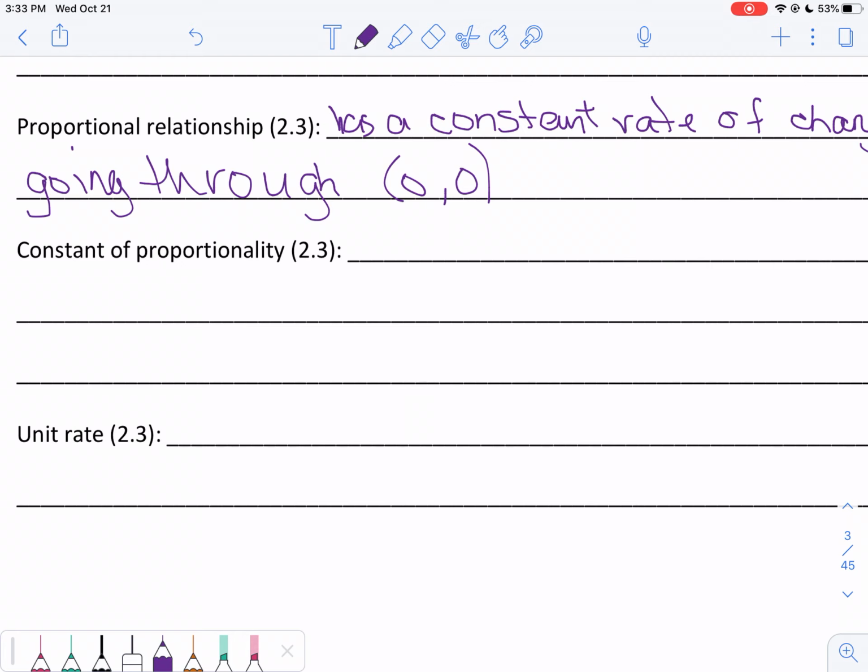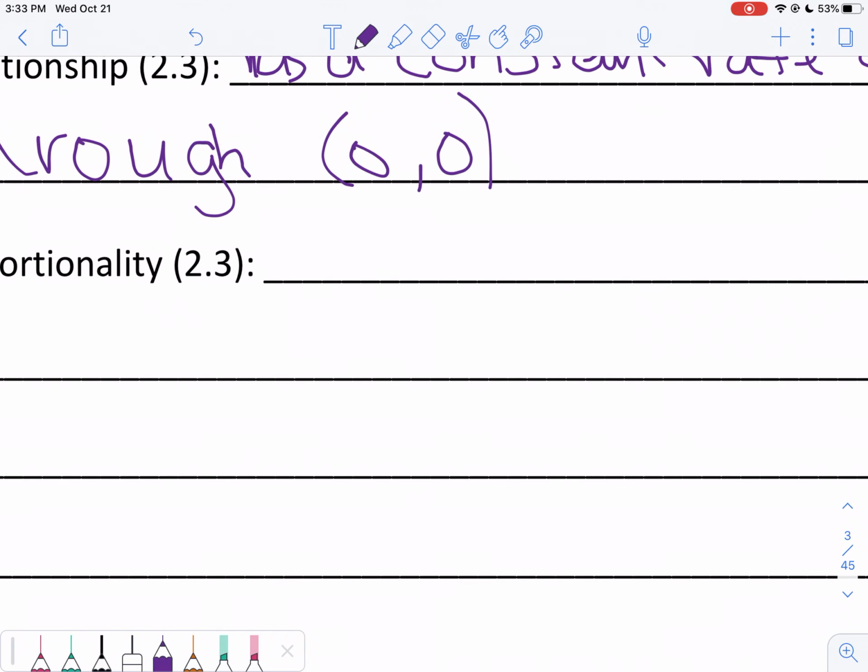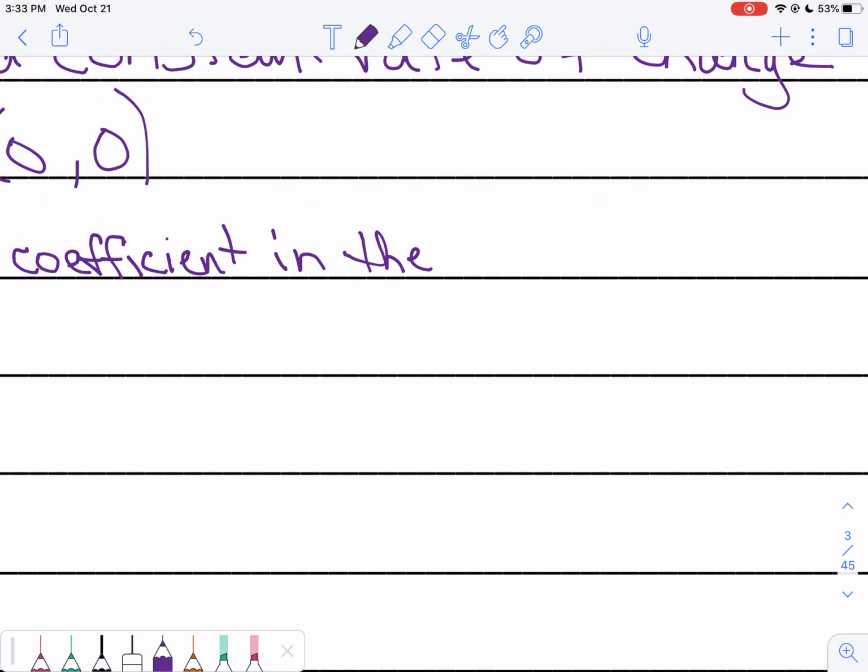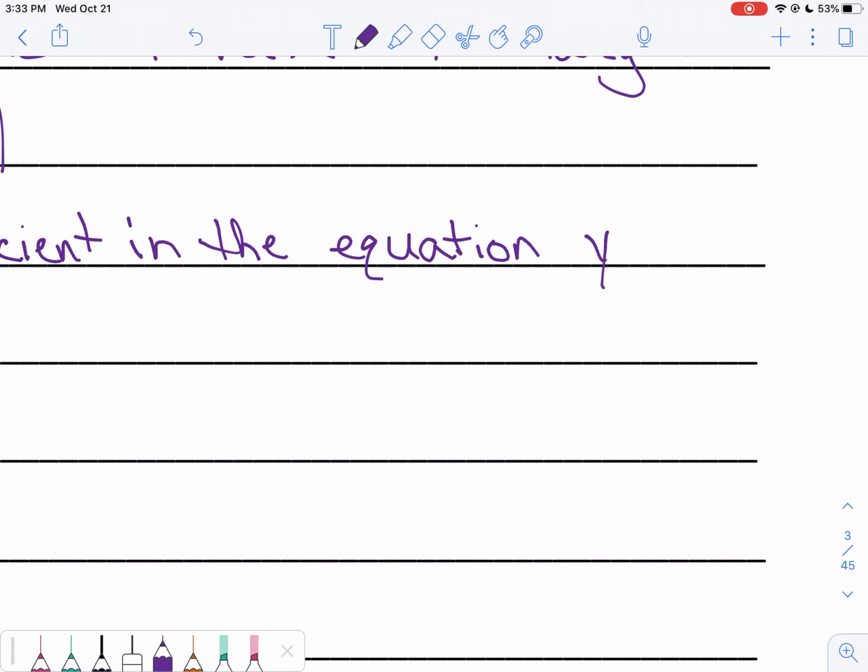Okay, then constant of proportionality is the coefficient in the equation y equals mx.